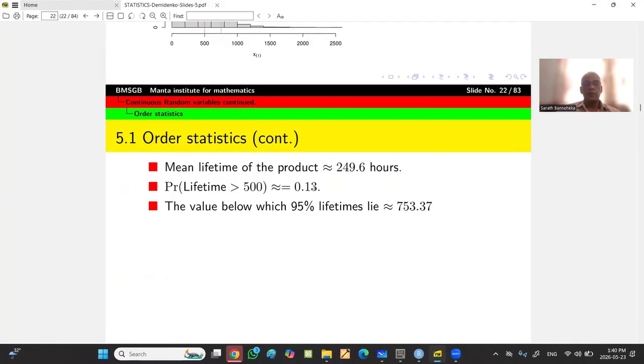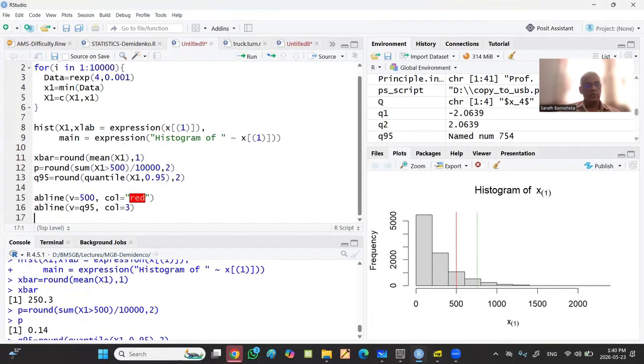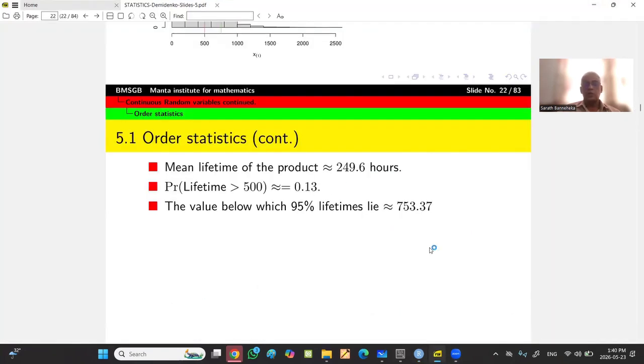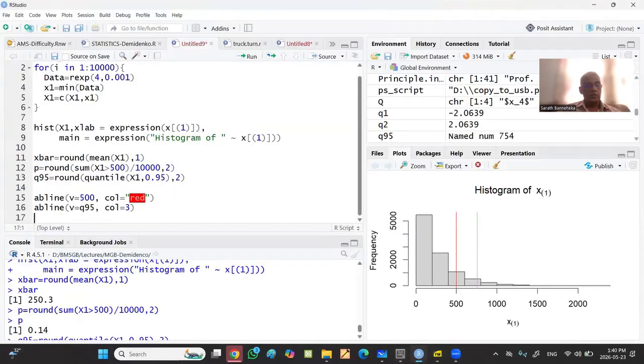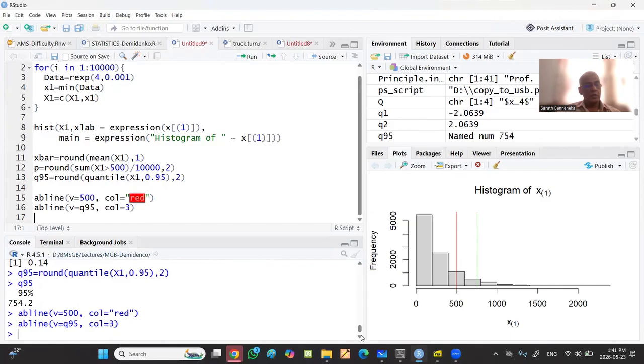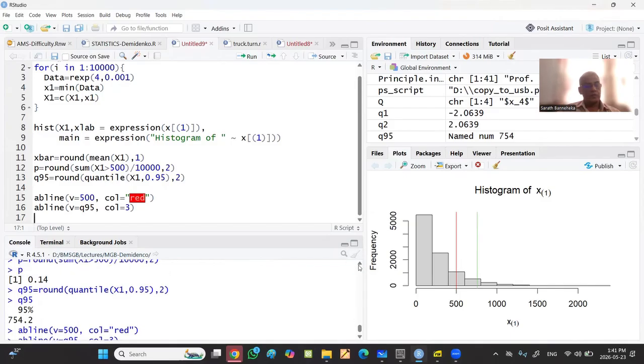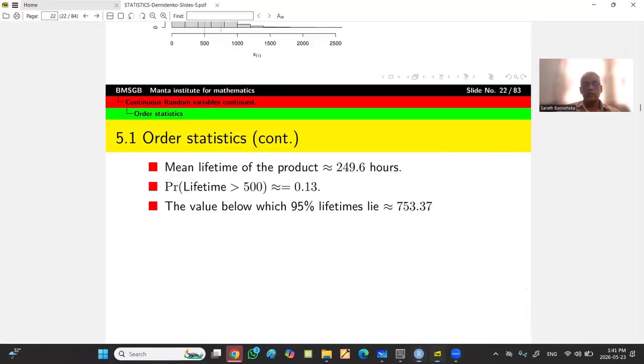And this probability I got now is 0.14, but earlier I got 0.13. The quantile, now I got 754. Earlier, I got 753. So they can be slightly different because they are coming from randomly selected numbers. If different people are doing these simulations, they might get different answers, but very, very close to each other.